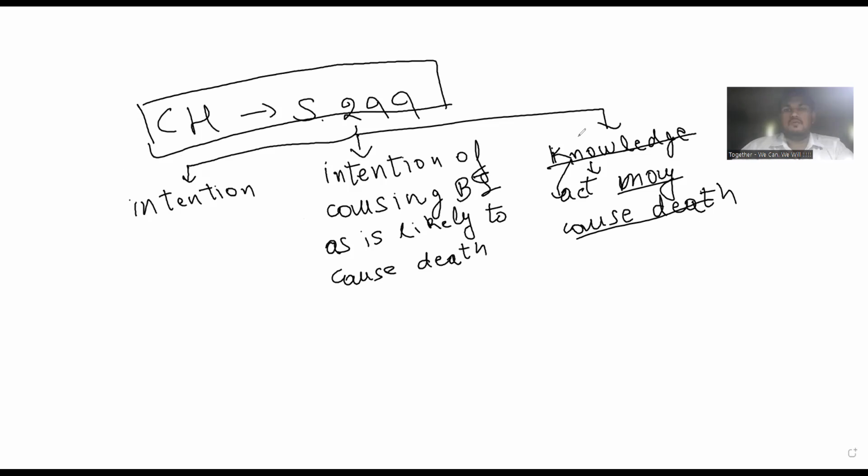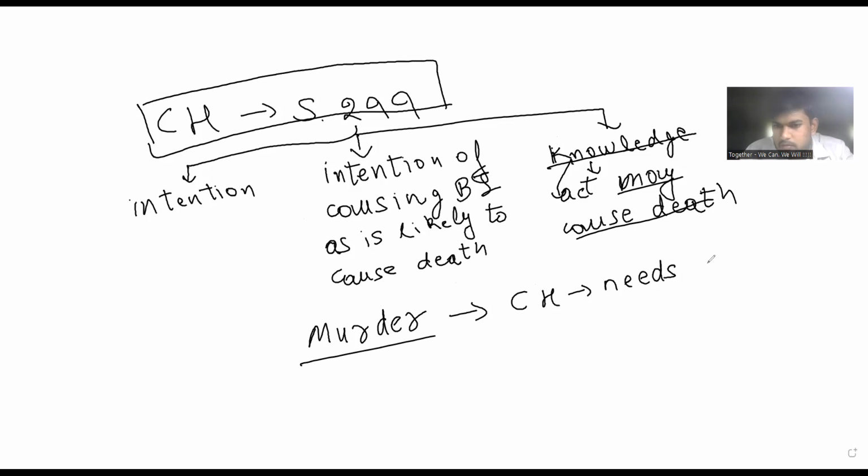Okay, now we have to discuss section 300. And also I told you that in order to prove murder, always culpable homicide needs to be proved. You directly cannot prove murder.